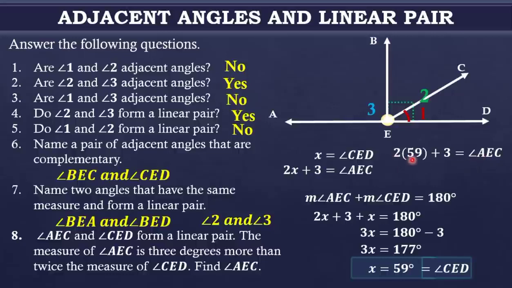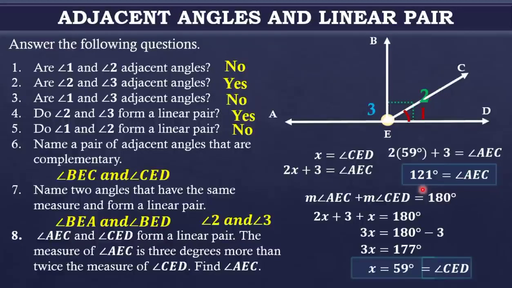So, we have 2 times 59, that is 118, plus 3, the measure of angle AEC is equal to 121 degrees. Therefore the measure of angle AEC is equal to 121.